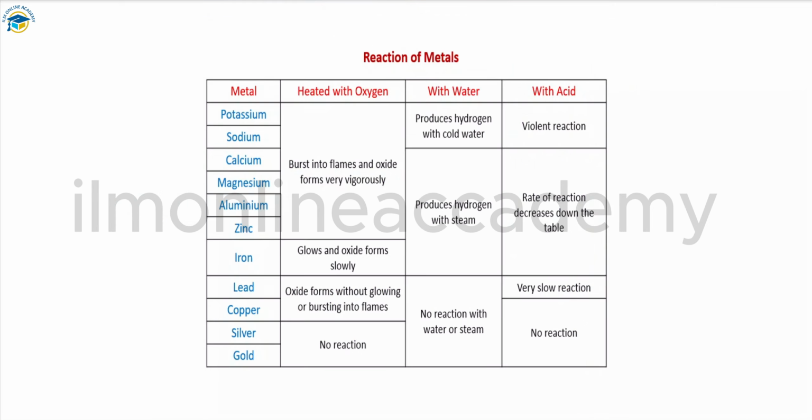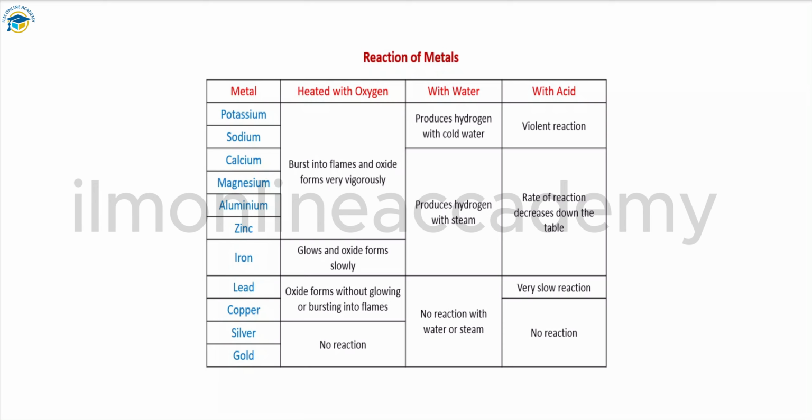So you can see here, this is the table that summarizes all the reactions which we have done before, the reactions of the metals of our reactivity series, from potassium to gold, and the last one, platinum, is also considered here. This table summarizes all the reactions of metals with oxygen, water, and also with acid.